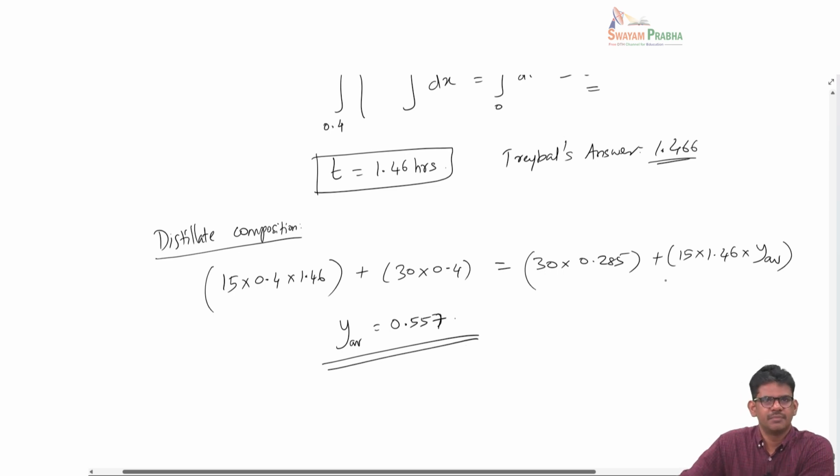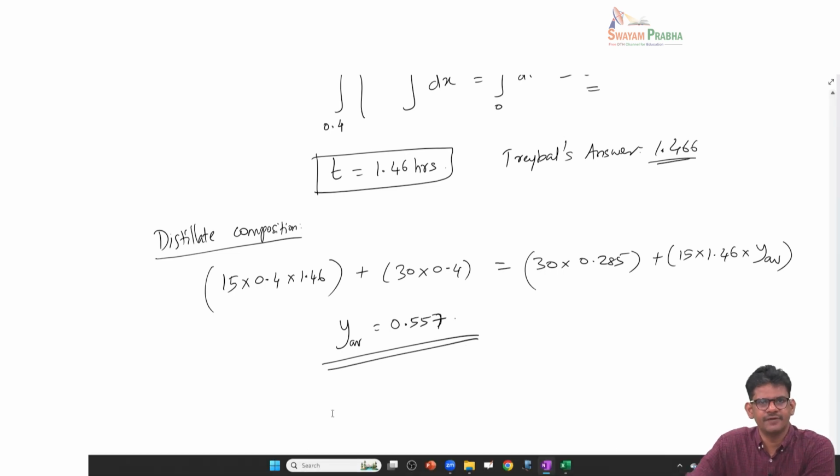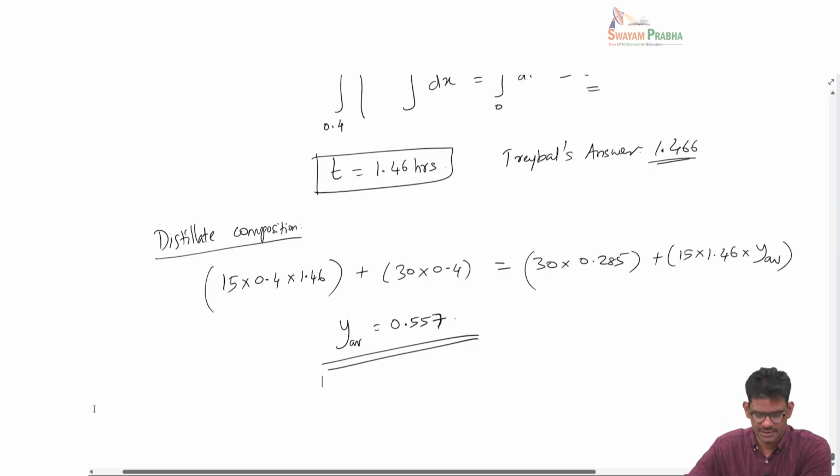So the mass balance for getting the average distillate composition, we have to do it very carefully, because you see that we have found the time. You can see up to 1.46 hours how much of A we have charged in.